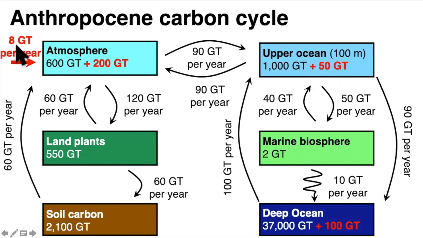And as we continue to burn fossil fuels, we'll be increasingly reliant on the ocean to keep absorbing this carbon in order to stop really high atmospheric CO2, which will lead to really large greenhouse effects. One thing to keep in mind is that while we have a sense of what these fluxes are on average under normal climate conditions, changes to ocean circulation, changes to temperature might change all of these fluxes.